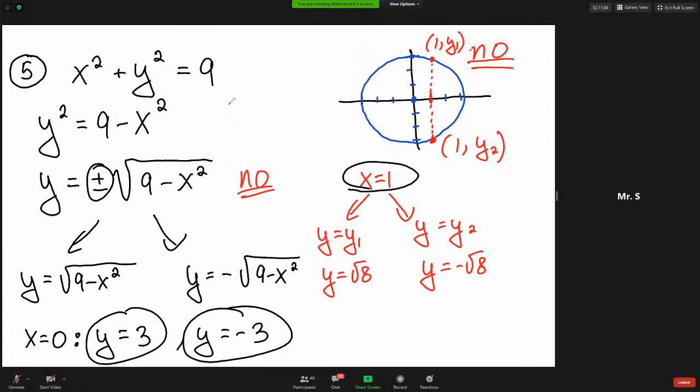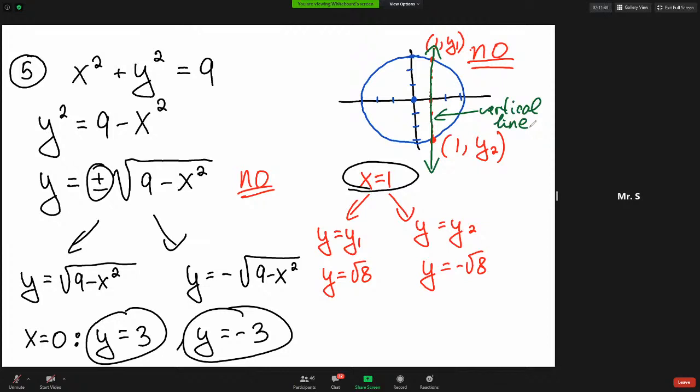So when I drew this circle and I said, this is not a function, because on the graph, we can see that there are 2 points that happen to be on the same vertical line, meaning that there exist 2 different y values for the same x value, or 2 different outputs or 2 different range values for a single domain value. And that breaks the definition of a function.